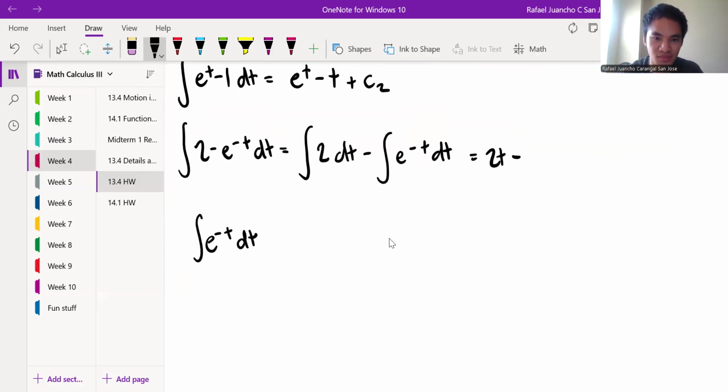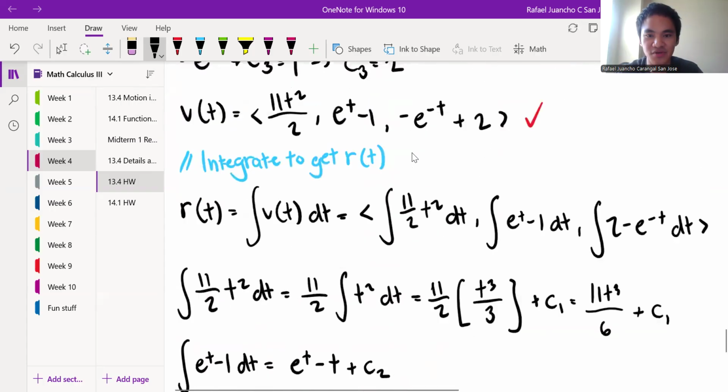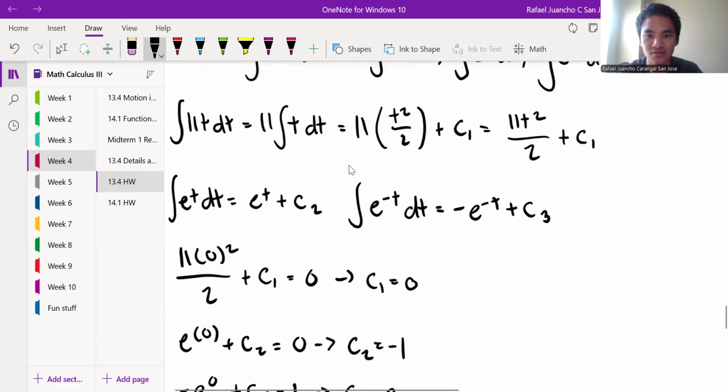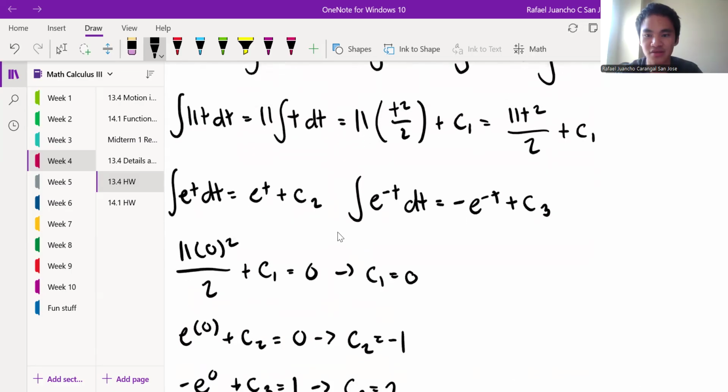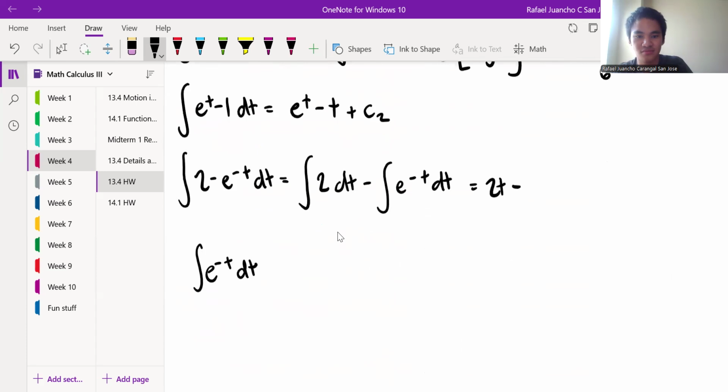Oh, we did this before, actually. There we go. Negative e to the negative t. So minus this one, and so that means there's just a plus. So it's plus e to the negative t. And then that's it. I add a constant.